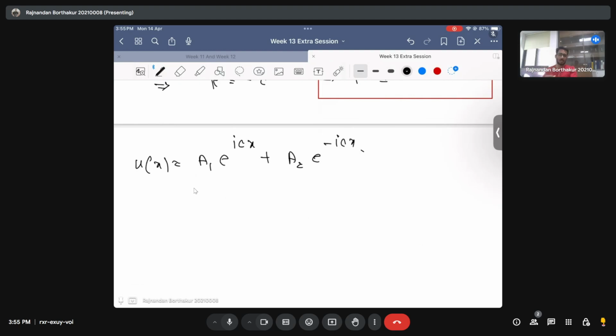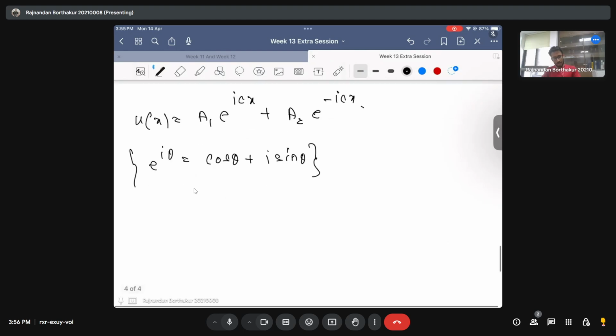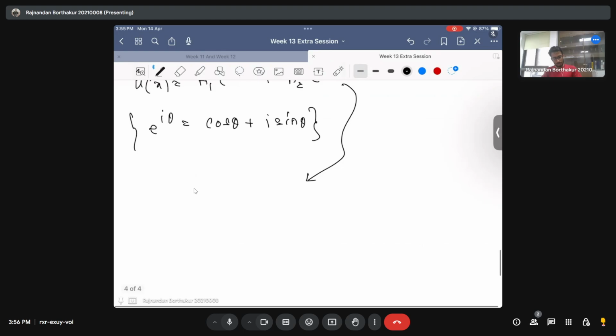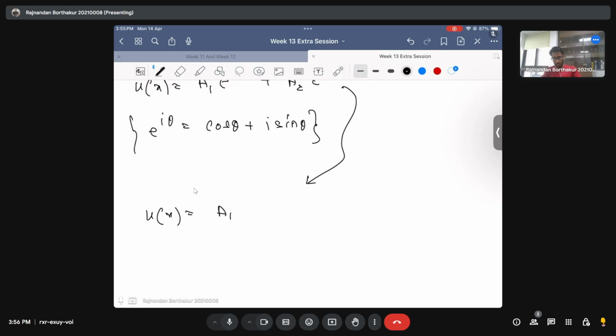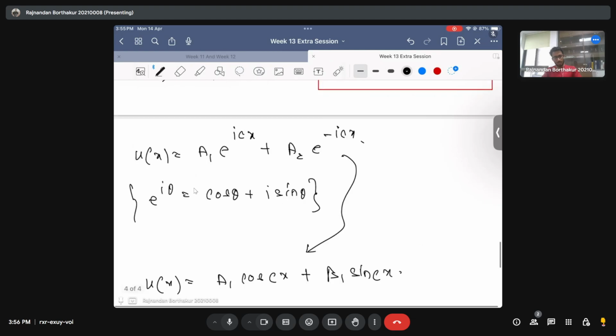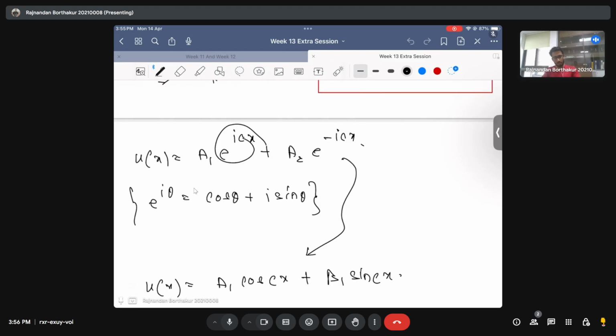But the good thing is that I can always write e power i theta as cos theta plus i times sin theta, which means I can recast this solution in another form as a1 cos cx plus b1 sin cx. Okay. That is simply because I can always expand this in terms of cos and sine.